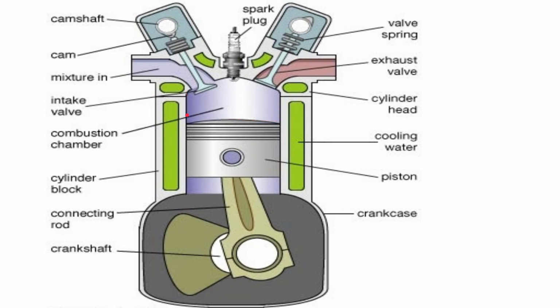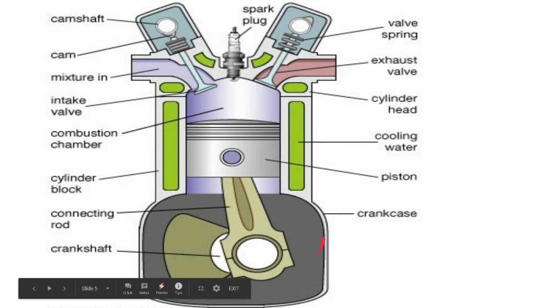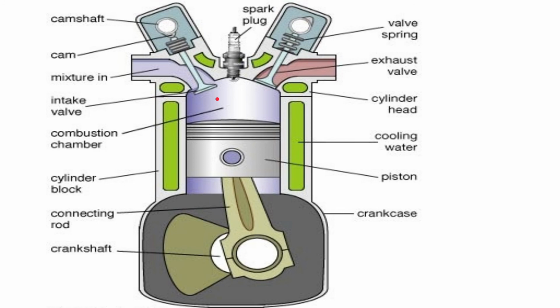It is said to be top because this position is the top of the engine, as the engine is generally placed like this, with the oil sump at the bottom. And it is said to be dead because the piston stops at that position for a while. We can also call it head dead center or top center.